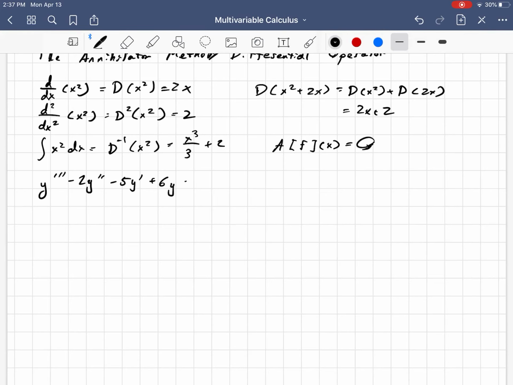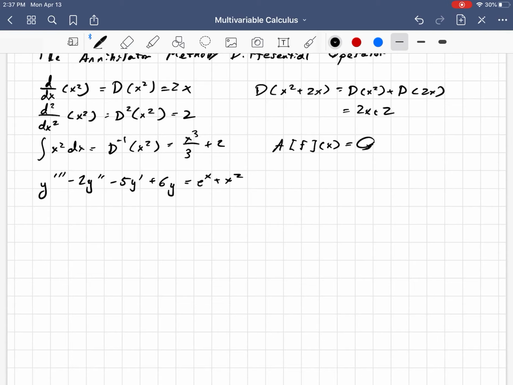Let's say we have the differential equation y triple prime minus 2y double prime minus 5y prime plus 6y equals e to the x plus x squared.